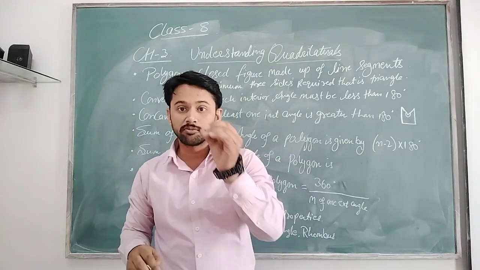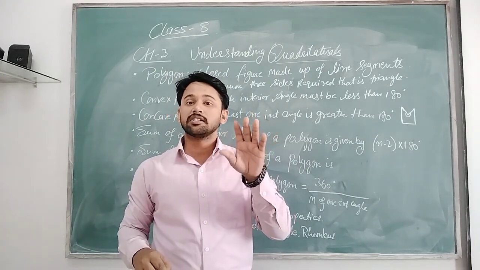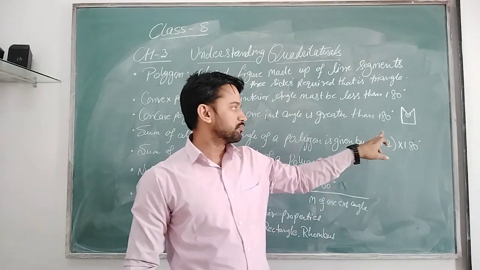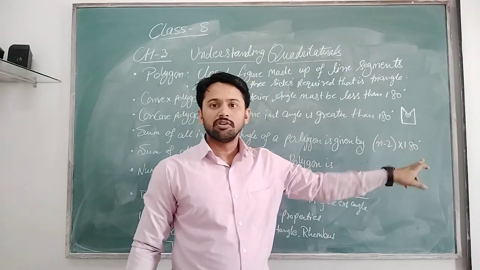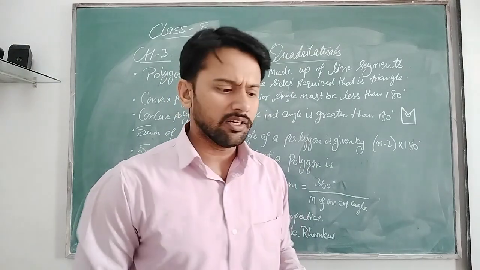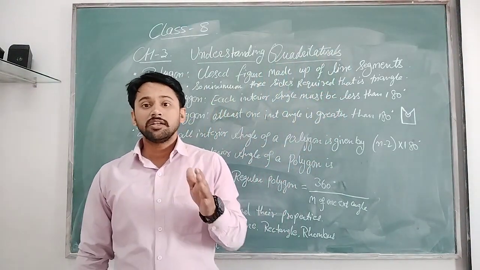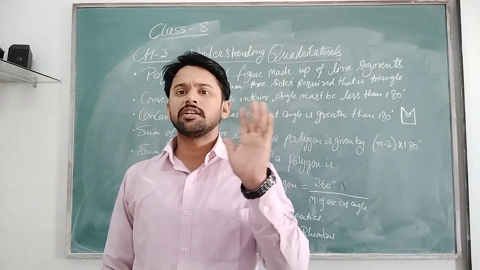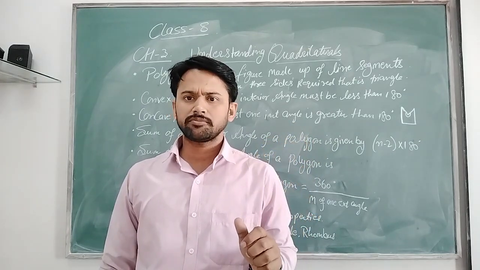Either that is a 12-sided polygon, a 16-sided polygon, or a 24-sided polygon, whatever the sides will be, you have to put the value of n, and when you calculate, it will simply give the sum of all interior angles. And one thing is there, which is a property of polygon, that the sum of all exterior angles of any sided polygon is 360 degrees.